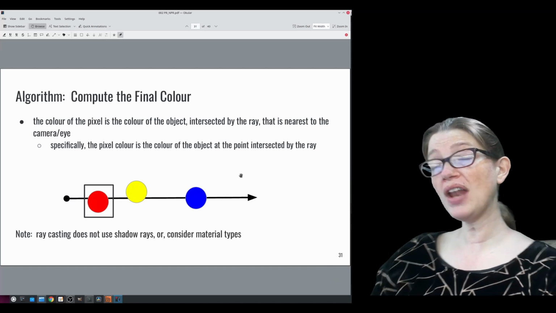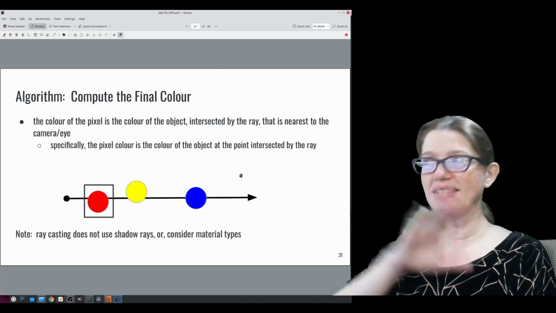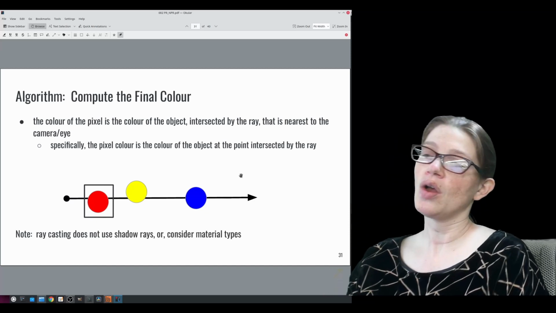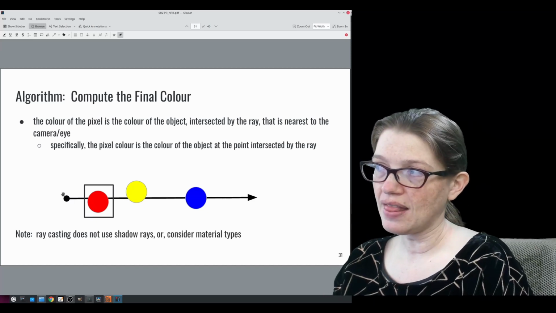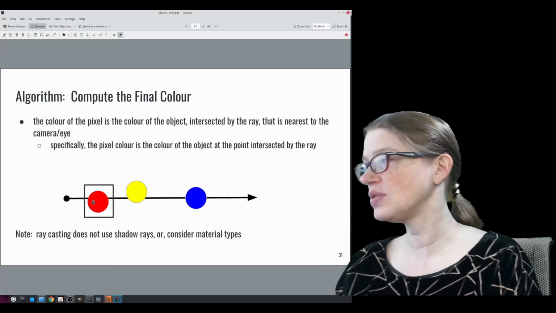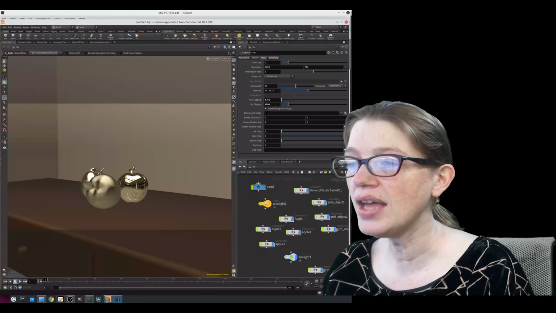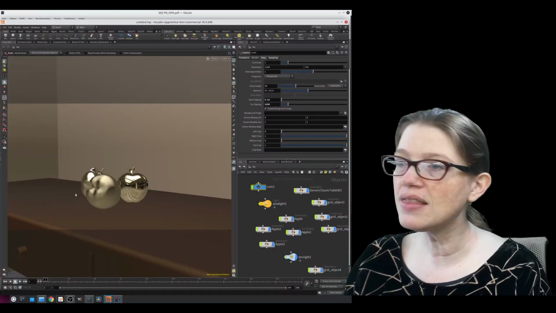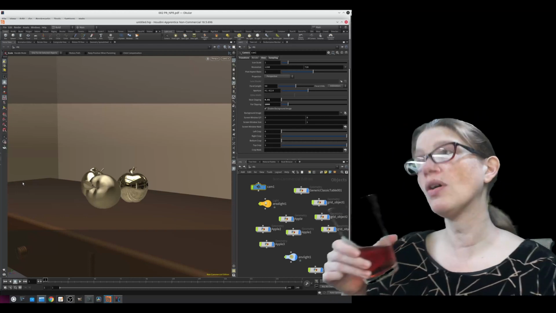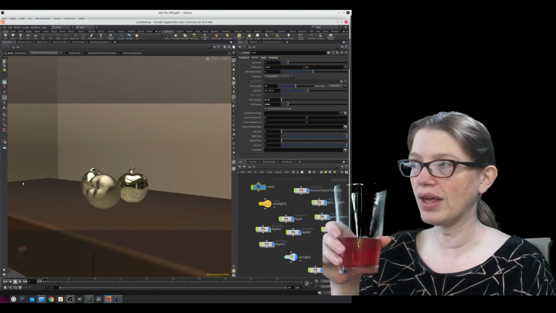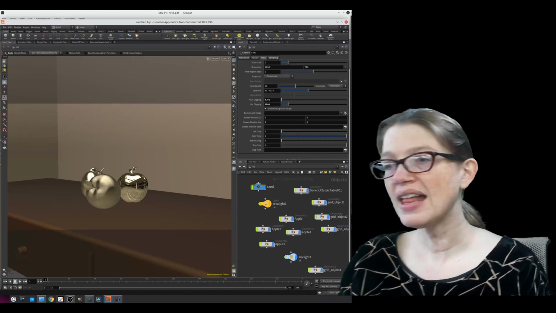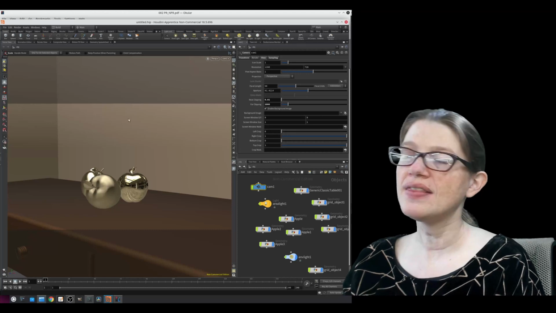Now, to compute the final color, we'll come back to intersections in a minute. To compute the final color of the pixel, whichever object that nearest point belonged to is going to have a material associated with it. For example, if I go into Houdini here, you can clearly see that these different apples have different colors. They're all gold, but they're different looking golds. This table has a different color. These walls have a different color.